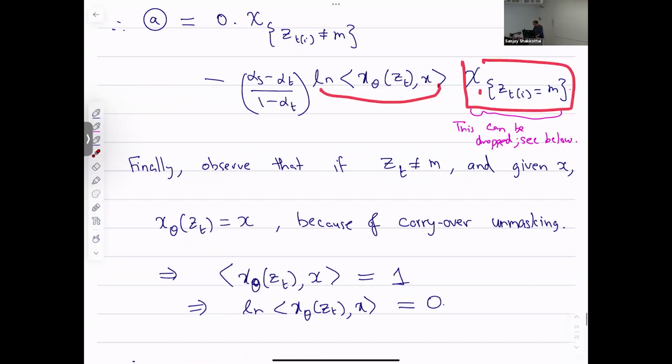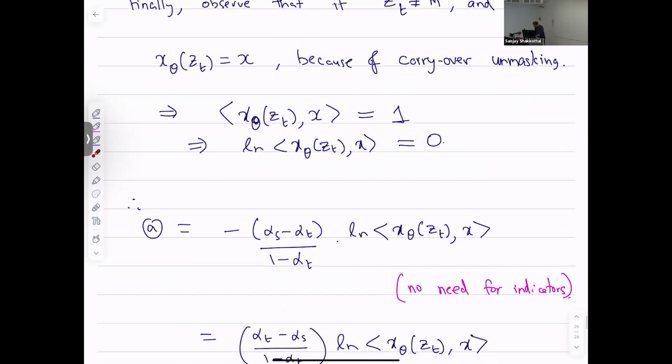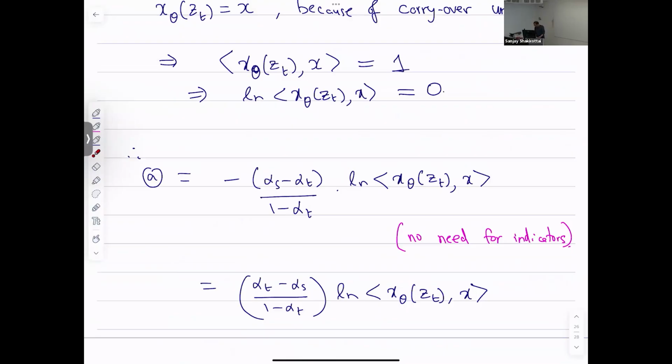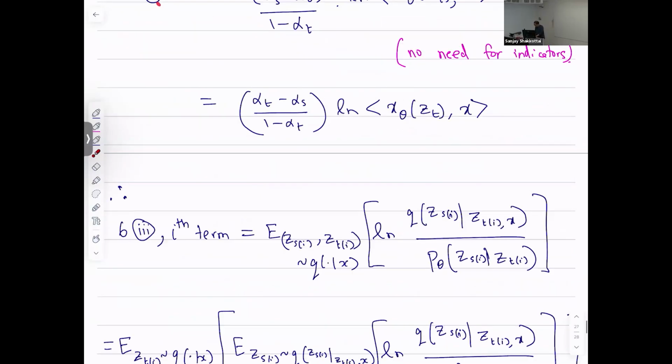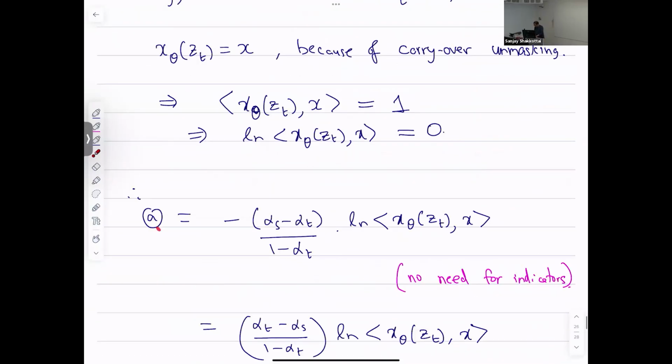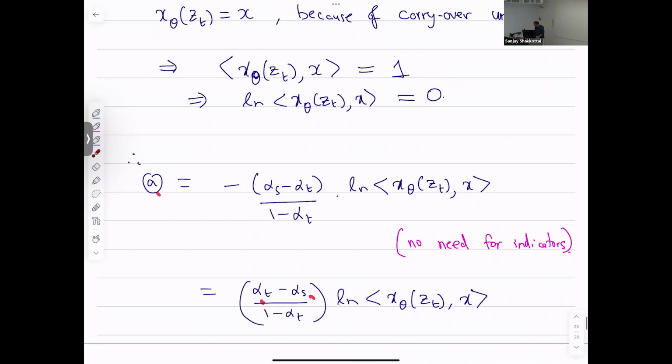Putting all this together, you basically get that the ith term is alpha t minus alpha s over 1 minus alpha t, times the log of this inner product. So that's where the cross entropy loss is coming in, where all those properties are used explicitly to get this form.